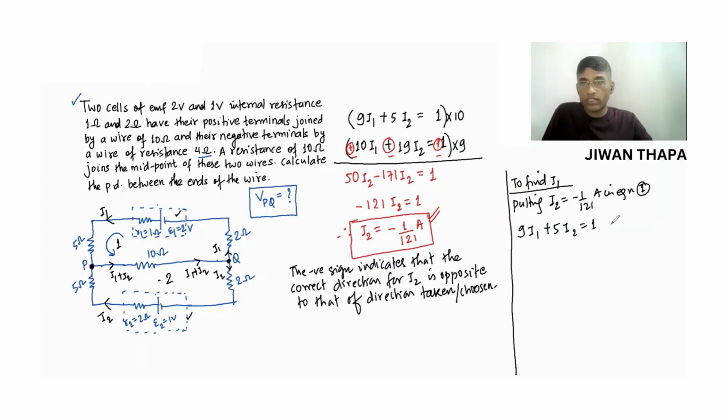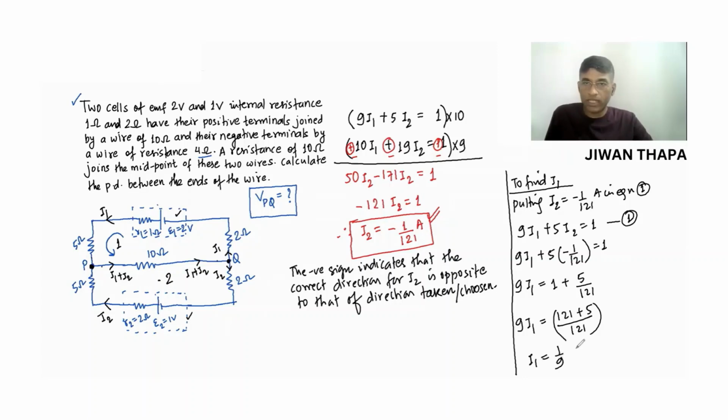Now what do we get? 9I1 plus 5 times minus 1 by 121 equals 1. So 9I1 equals 1 plus 5 divided by 121. So 9I1 equals 121 plus 5 divided by 121. So I1 equals 1 by 9 times this.